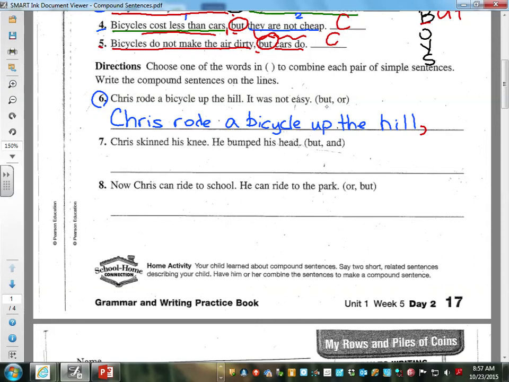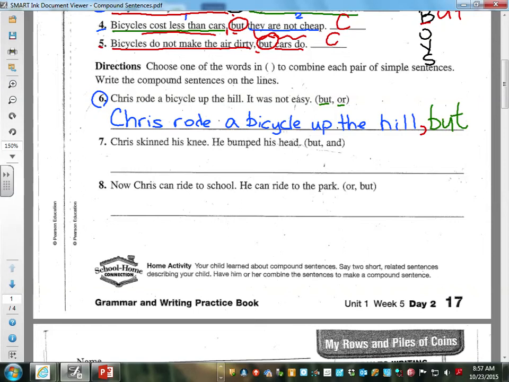This already gives us the choices that we can make. We can use the conjunction but, or we can use the conjunction or. In this sentence, which one would make sense? But. Chris rode a bicycle up the hill, but it was not easy.